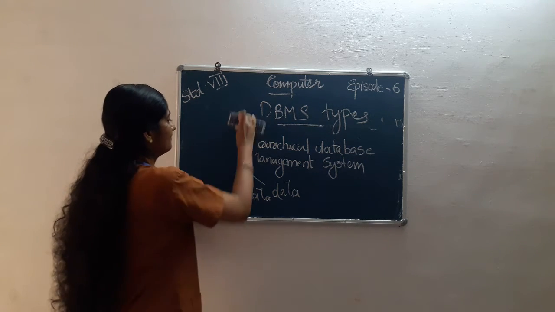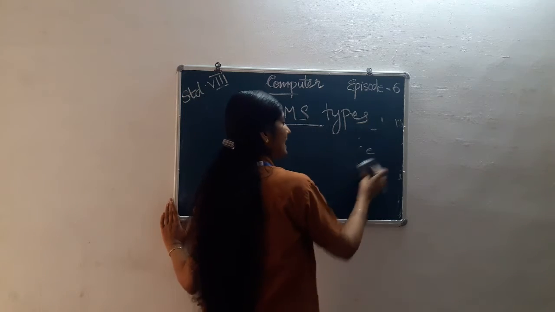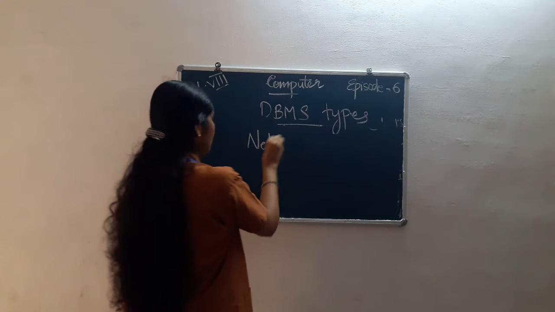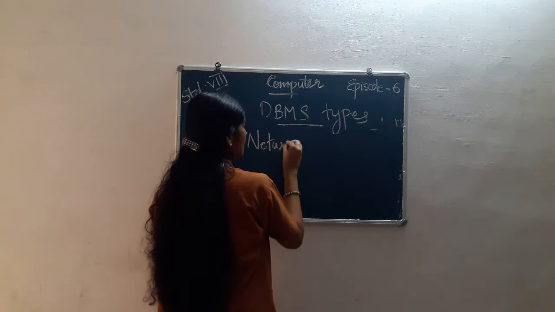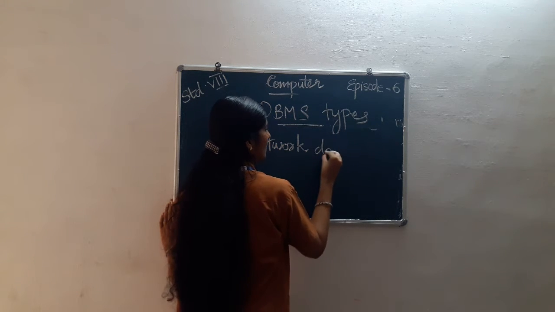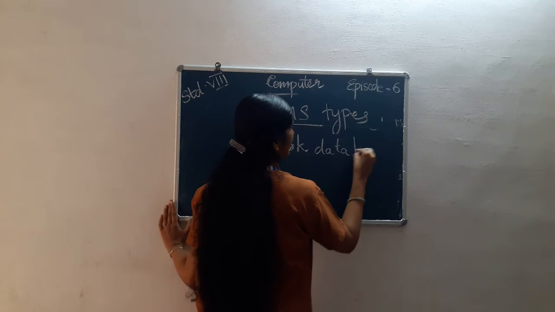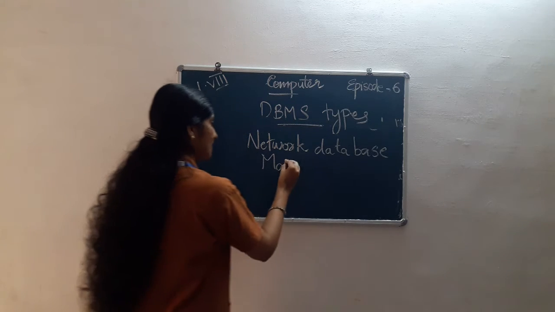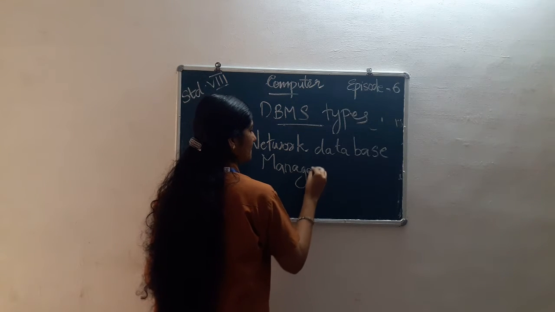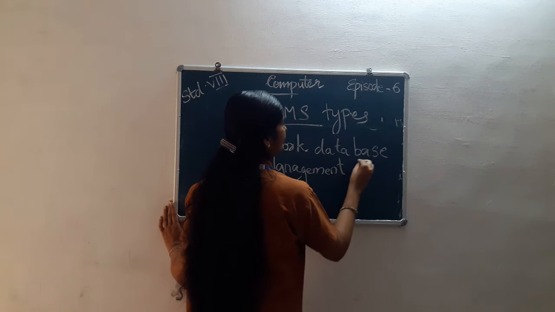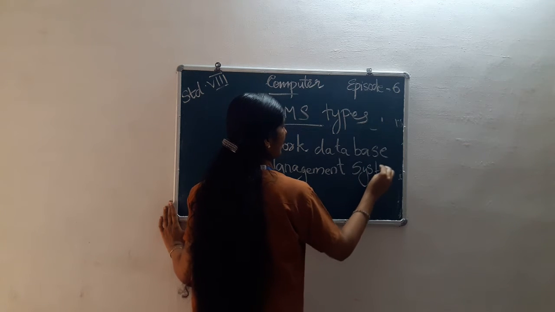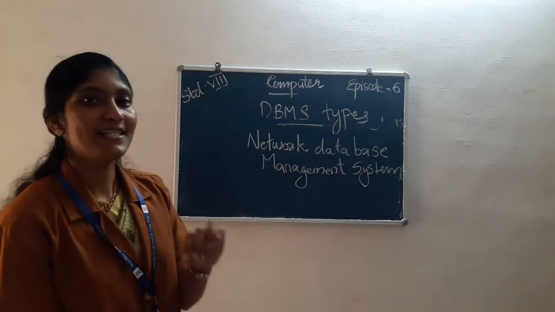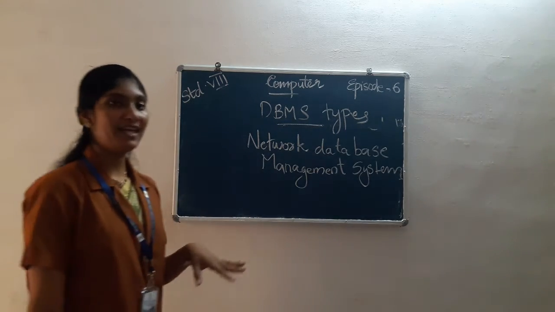Next type is network database management system. In this type of database management system, the data are arranged in the form of a network.